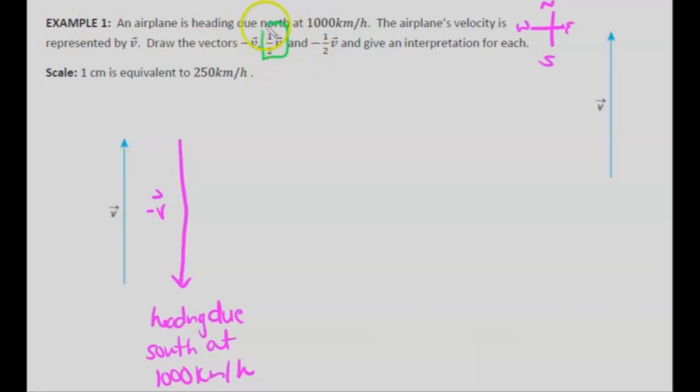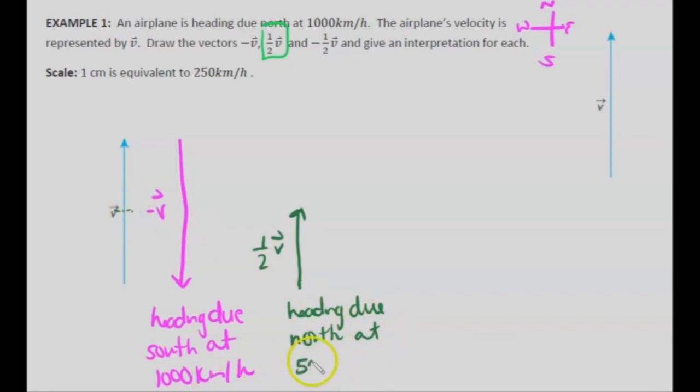Now what about 1/2 v? v is north, and 1/2 is probably about this height here. So this is going to be 1/2 vector v. Same direction, just half of the vector. So this would be heading due north still, same direction, doesn't change because there's no negative on it. But instead of 1,000 kilometers per hour, it's going to be half of that, 500 kilometers per hour.